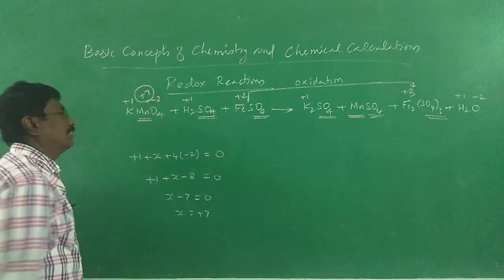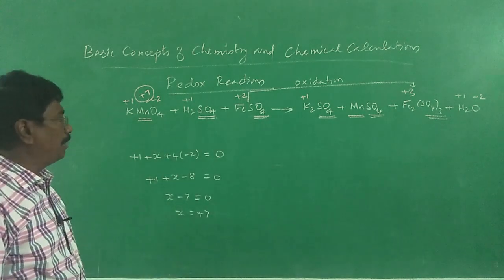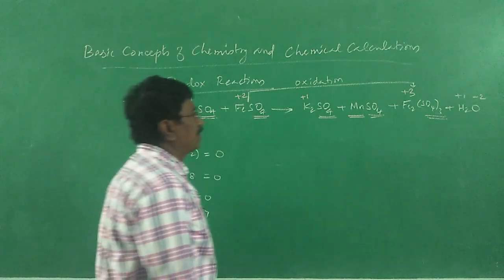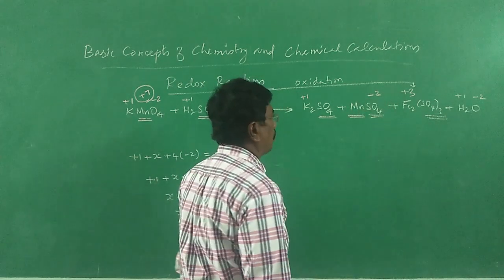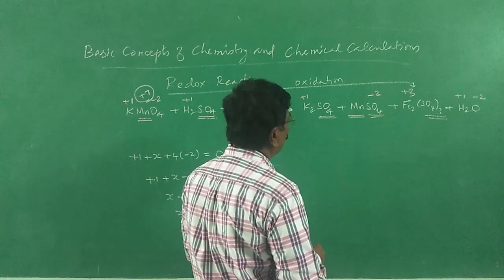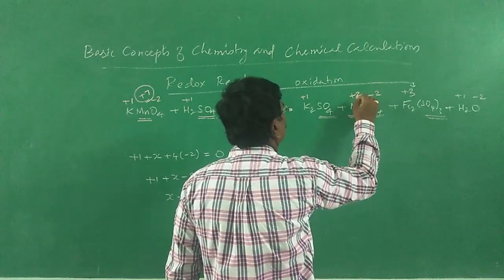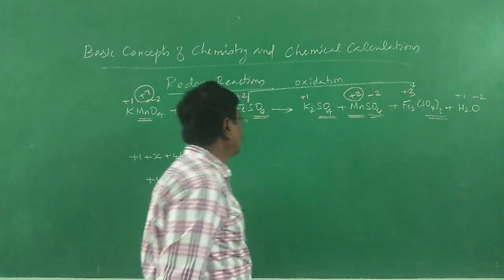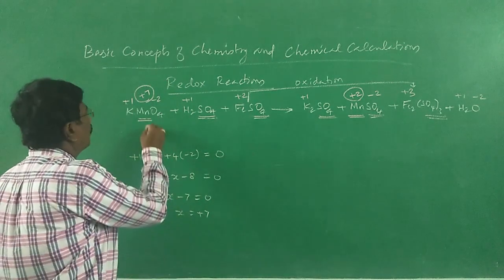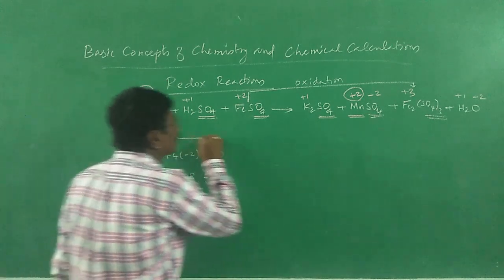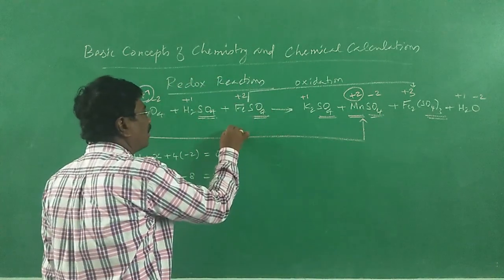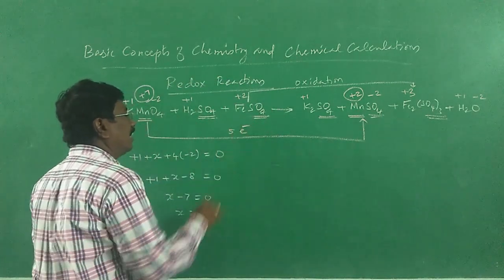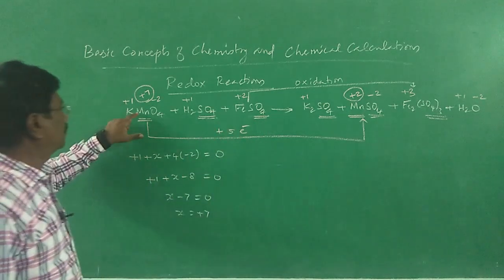Very important element, very important metal. Here the sulfate is minus 2 on the whole, including sulfur and oxygen. Therefore, definitely manganese should be plus 2. Important: here manganese from plus 7 oxidation state is reduced to plus 2. Gain of 5 electrons by manganese.